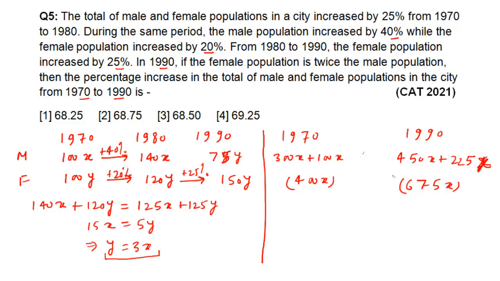So now we have the total male and female population in terms of just one variable: 400x in 1970, and in 1990 that becomes 675x.